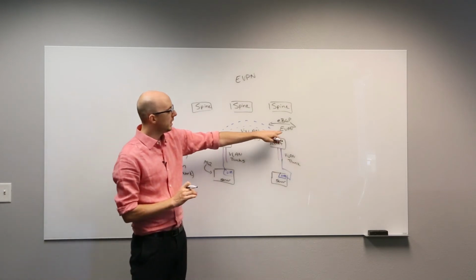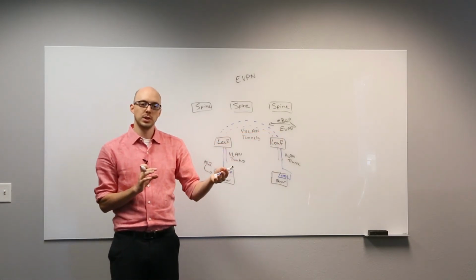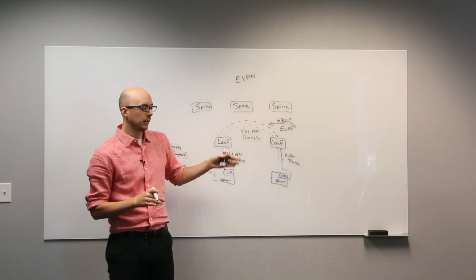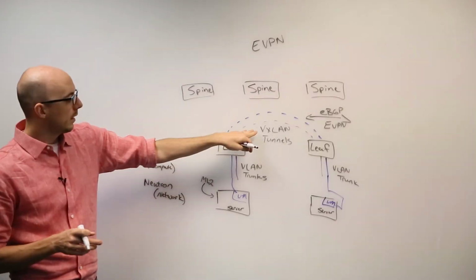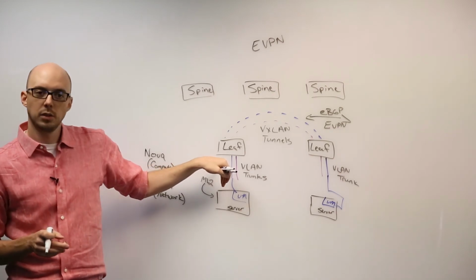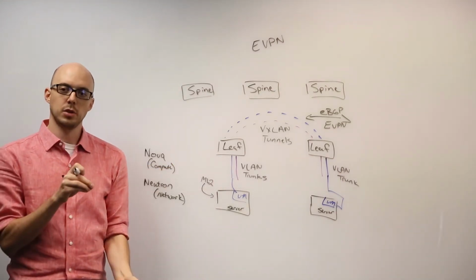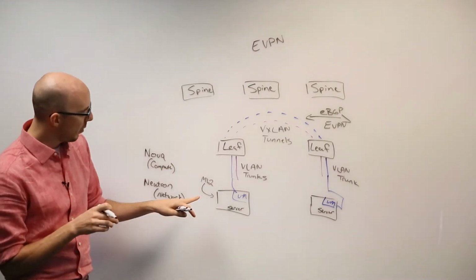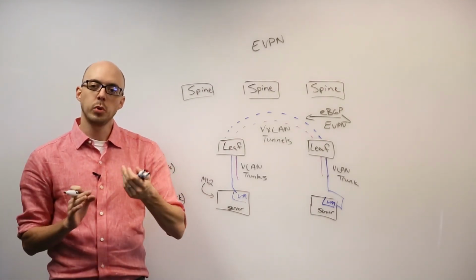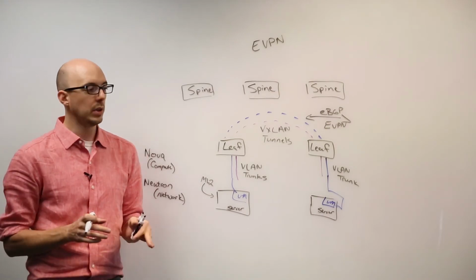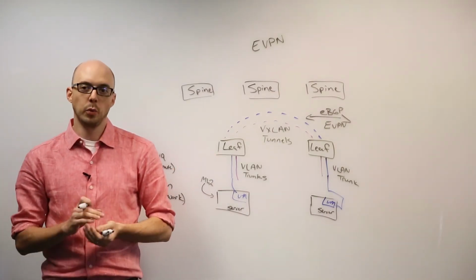And so BGP EVPN carries that information that allows VXLAN tunnels to exist from top-of-rack switch to top-of-rack switch. Those VXLAN tunnels tie directly to the VLANs that are provisioned as trunks down to those servers, and ML2 only provisions the server component.